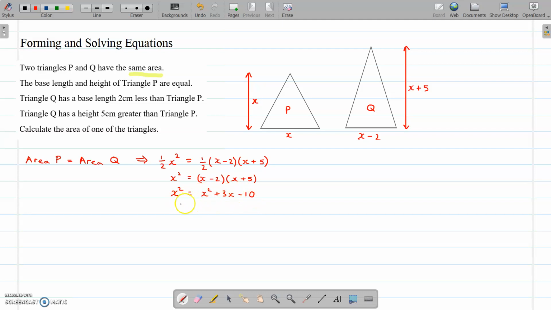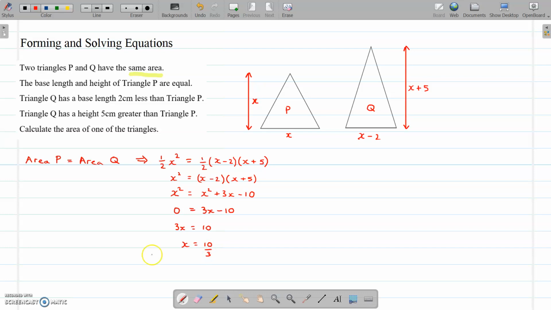So all I need to do is subtract x squared from both sides, and I get that 0 equals 3x minus 10. So now if I add 10 to both sides, 3x equals 10. And therefore x equals 10 thirds, or 3 1/3.